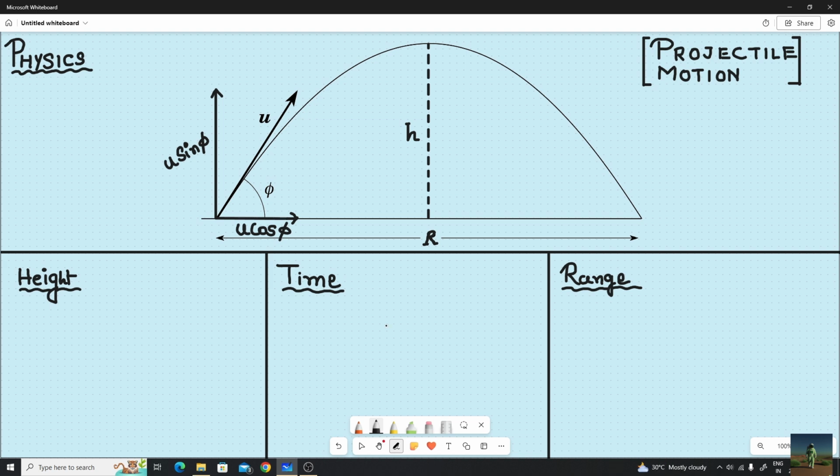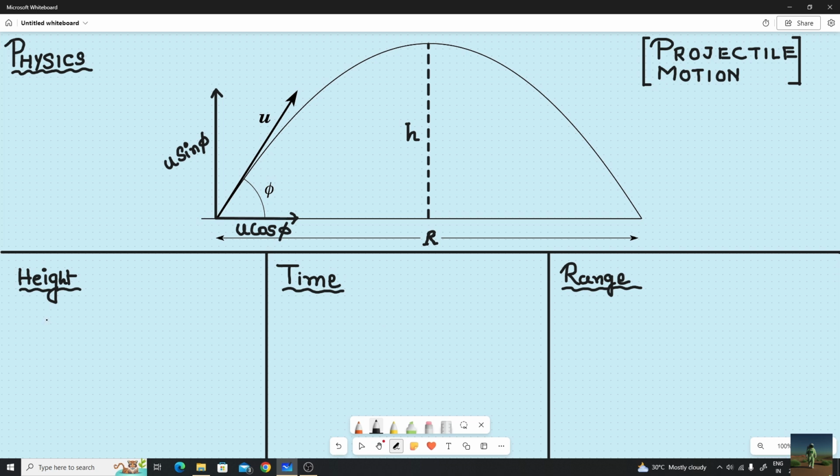So when you want to calculate some distance or displacement in the y direction, you only have to think about the vertical component of the velocity, and when you want to calculate some distance or displacement in the x direction, you only have to think about the x component of the velocity. Here the x component is u cos phi and the y component is u sin phi. Now let us calculate the height.